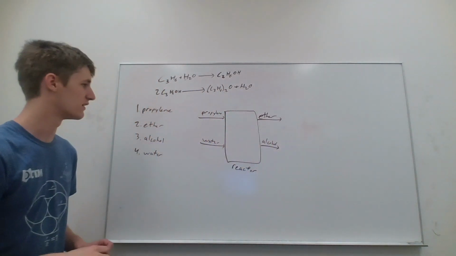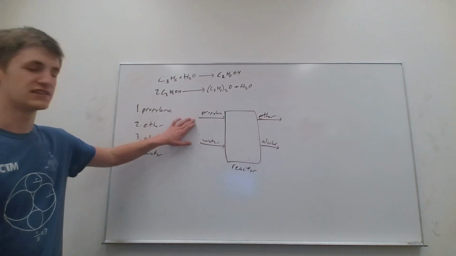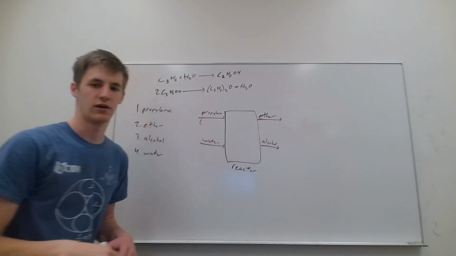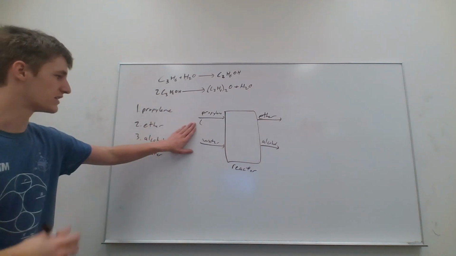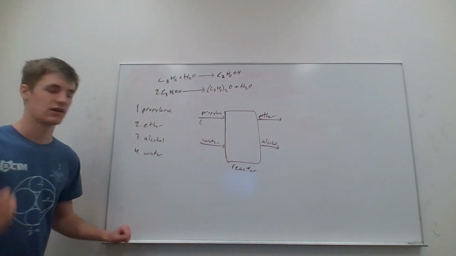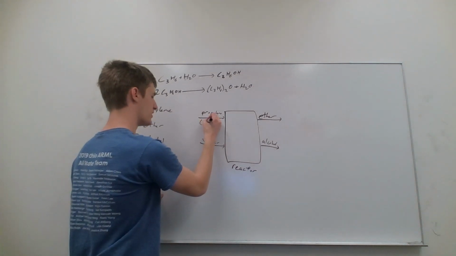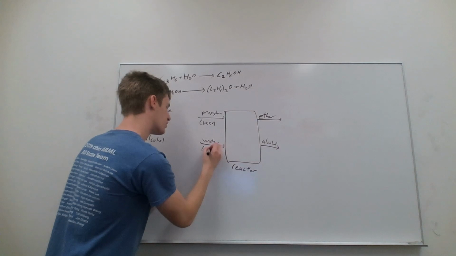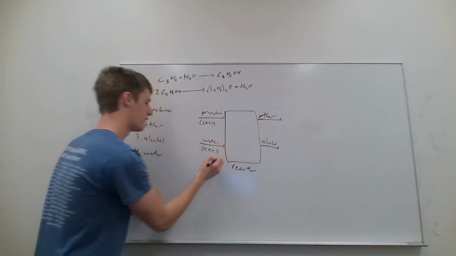So we can say this propylene will be a mixture of all four of these. In this case, we want pure propylene, so I will use 1000, and we also want pure water, so 0001. Right?